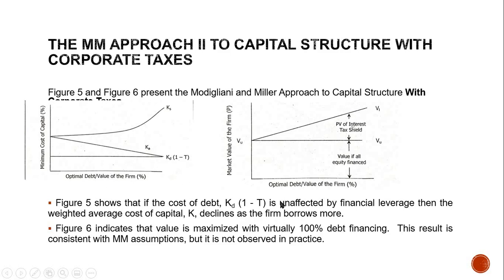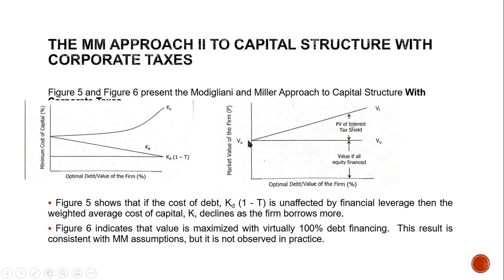Now, in figure 6, it indicates that the value is maximized with virtually 100% debt financing. This result is consistent with the assumptions, but it is not observed in practice. Okay? So kung makita natin, itong VU, ito yung value of an unlevered firm. Okay? So ito naman yung value of a levered firm wherein kinonsider niya yung interest tax shield or present value of tax shield.